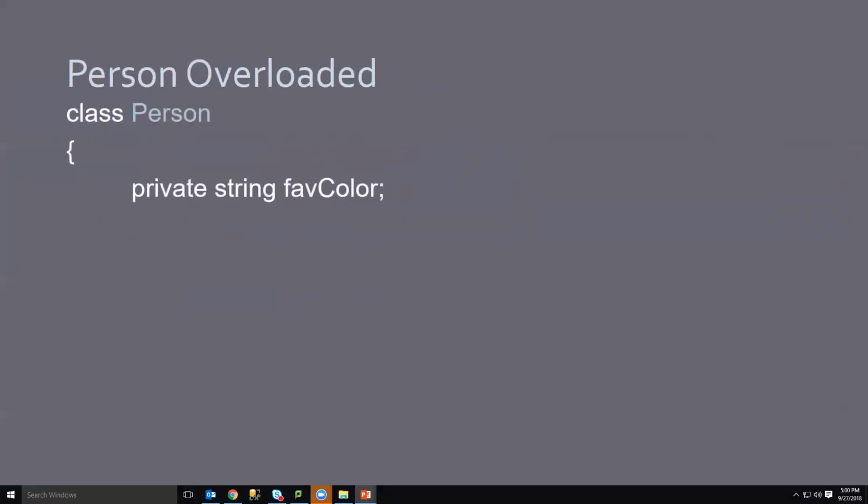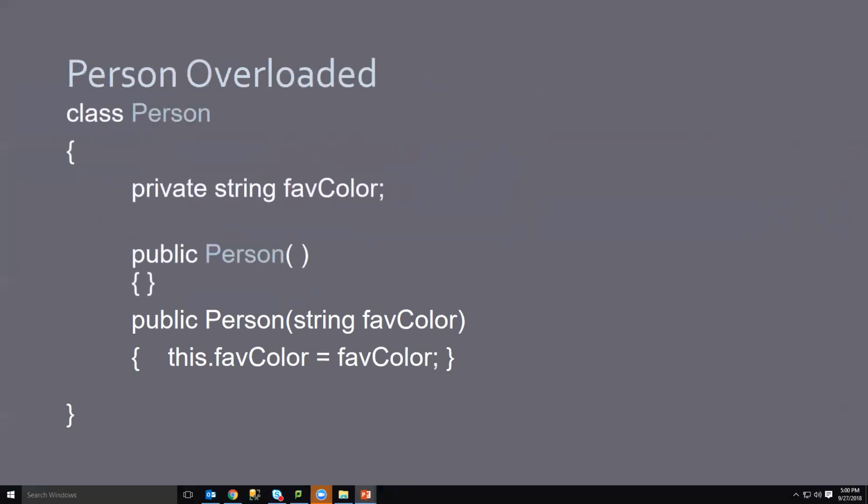Now, what if sometimes people are going to send us the favorite color? We can have two constructors in our code, and this is called overloading. So if I use a statement to instantiate a person object and I don't pass any parameters, Java is going to use this constructor right here.